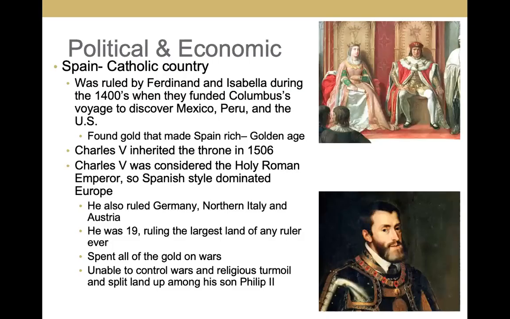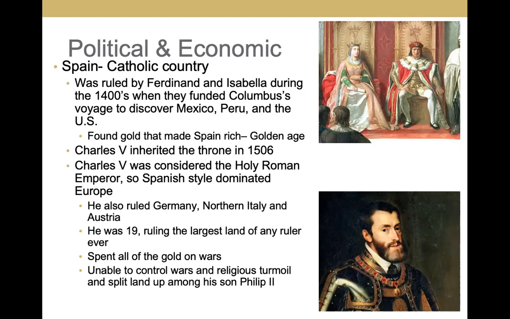So as far as political and economic, we have to break these up into different countries since we are looking at things that are going on in Spain, France, and England all at the same time. So France was ruled by Ferdinand and Isabella, and they did fund Columbus's voyage to discover more countries. He did find gold and made Spain very rich.